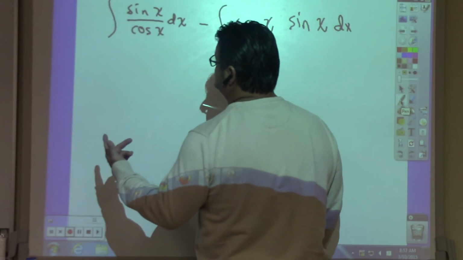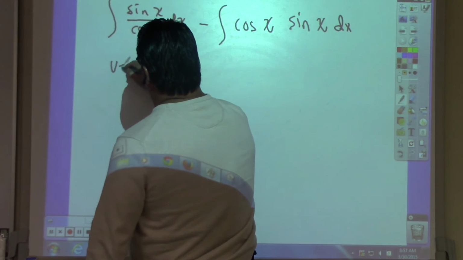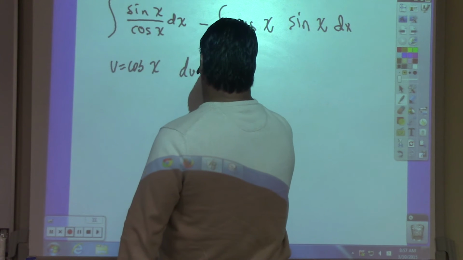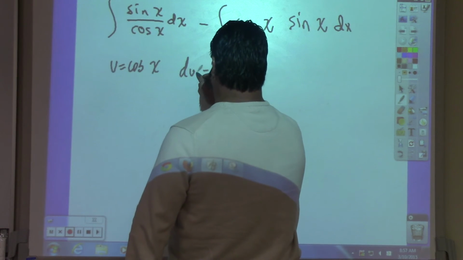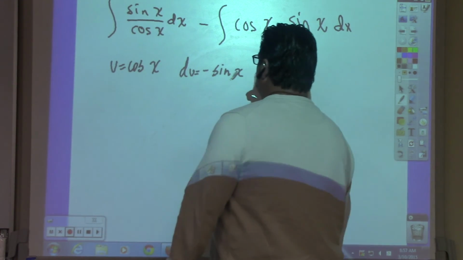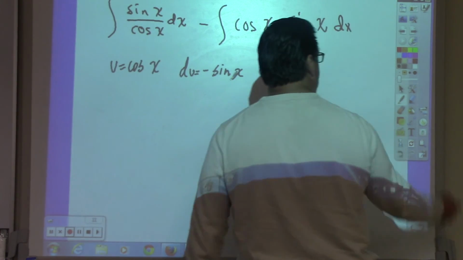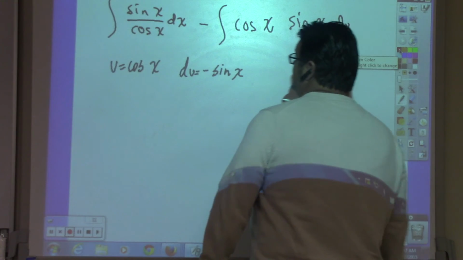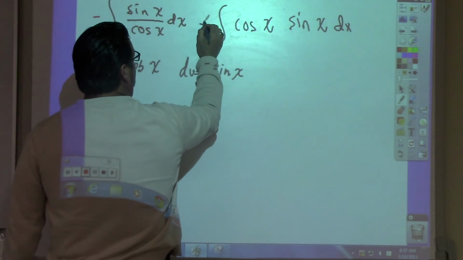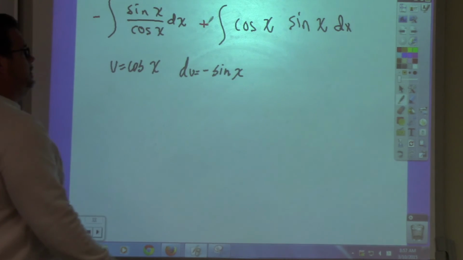Now what do you have? Set u equal to the cosine of x, and if u is equal to the cosine of x, what's du? It equals negative sine of x dx. So again, we need to take our red marker, and that'll put a negative out here and a positive here.